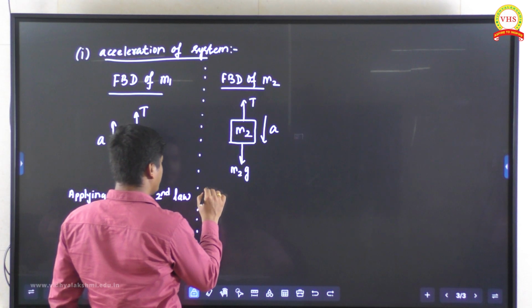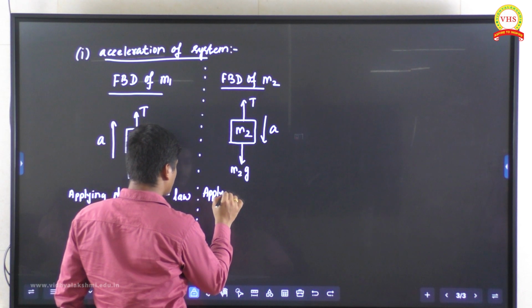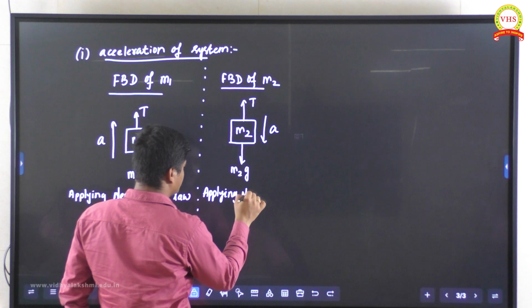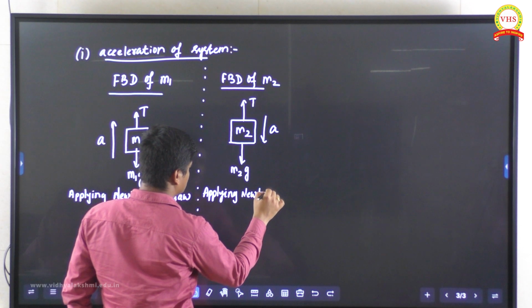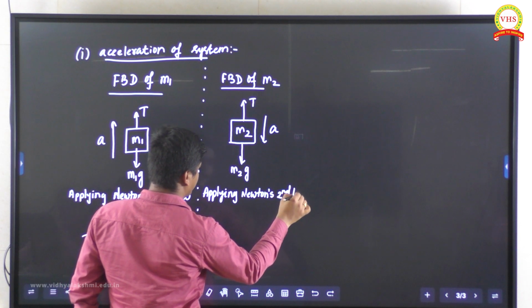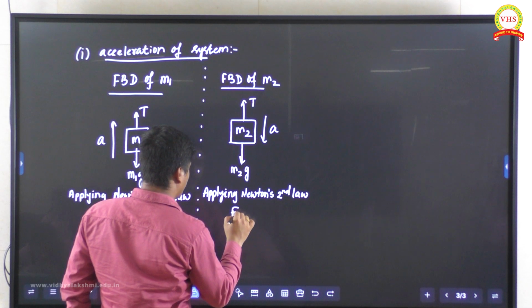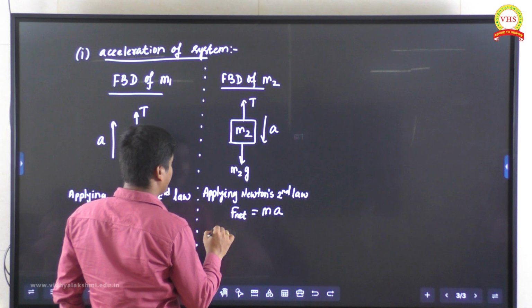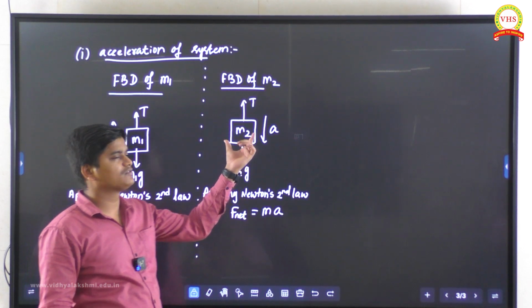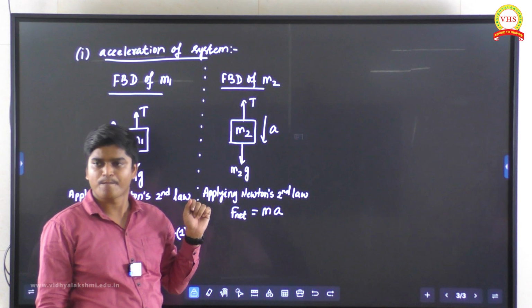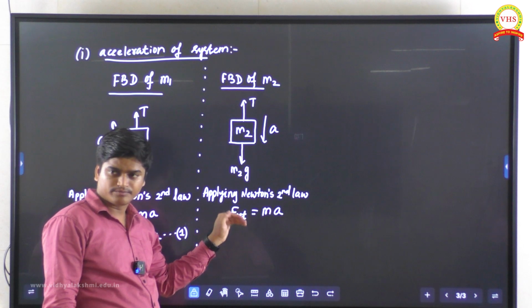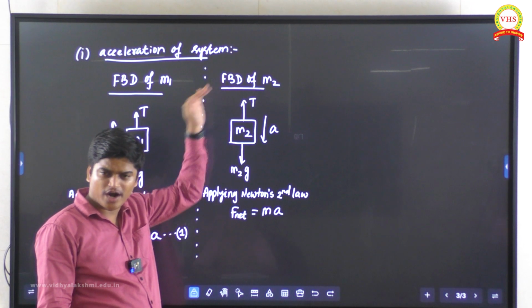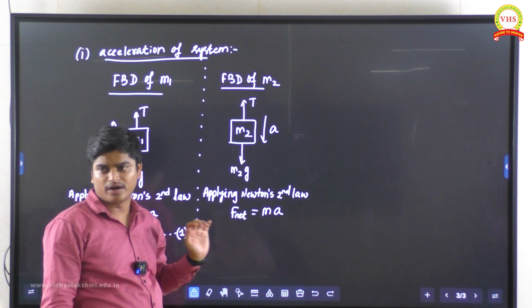Now here similarly, applying Newton's second law, what will I get? Net force is basically mass into acceleration. Now what is the net force here? M2G downward, tension is upward, acceleration is downward.